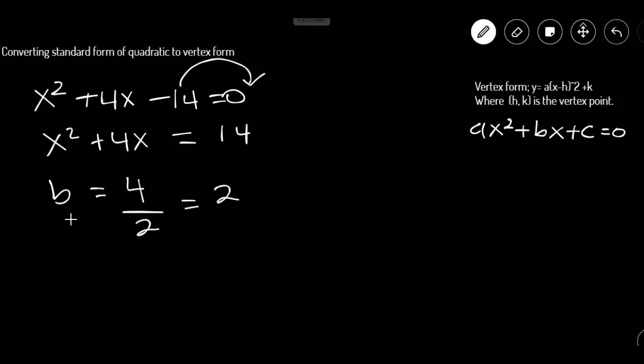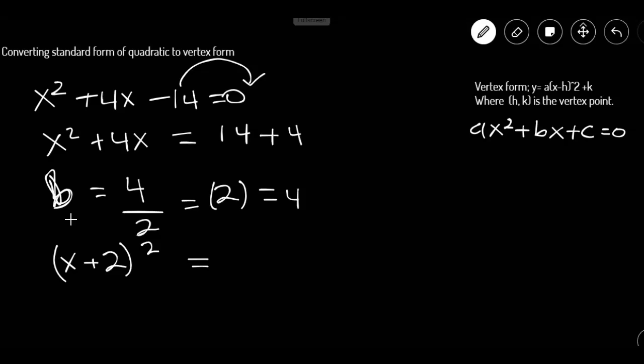And as I said in the first example, b divided by 2 is the one that normally becomes the repeated perfect trinomial, so we just skip that step. And then we square this number and we get 4, and we add it here. So here we got 18.